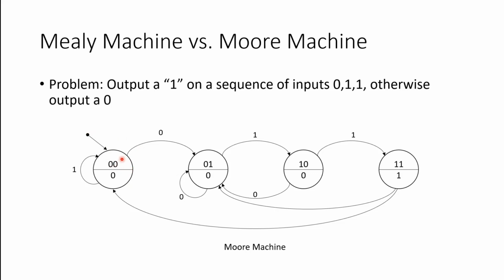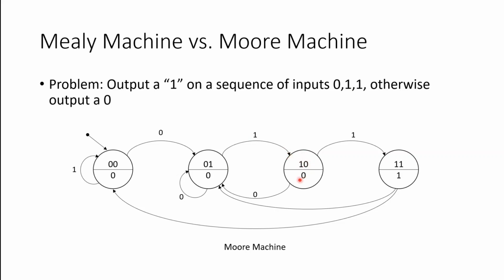When I'm in state 0 0, and I receive this first 0, that's allowing me to transition to the next state. When I'm in state 0 1, I'm not outputting a high because thus far I've only received a 0. I have not yet received 0, 1, 1. In this state here, when I receive a 1, that's the second one here, I'm going to transition to the next state here.